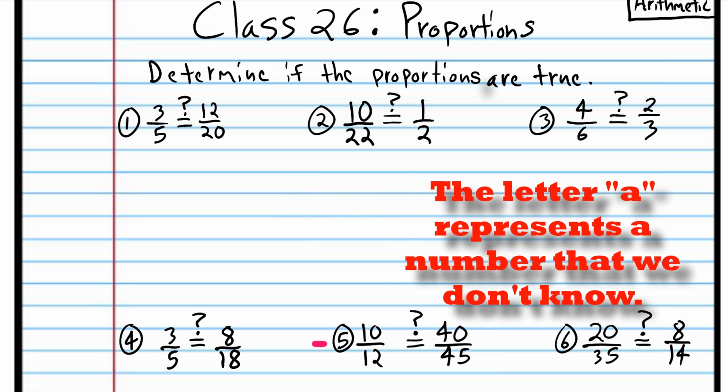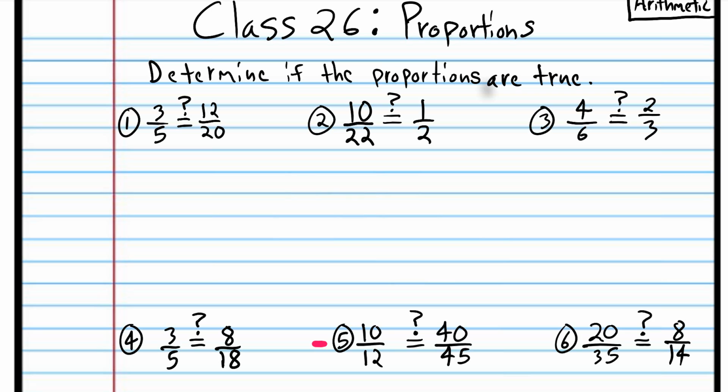So let's start with determining if a proportion is true. So number 1, notice the question mark. We want to figure out if these two fractions are equal. We want to figure out if they're proportional.